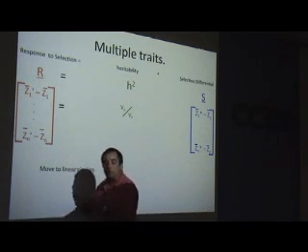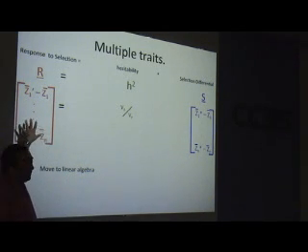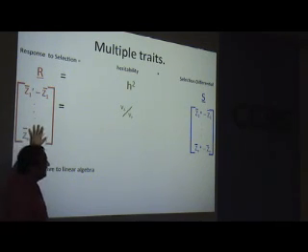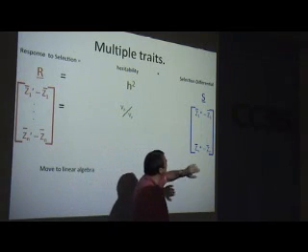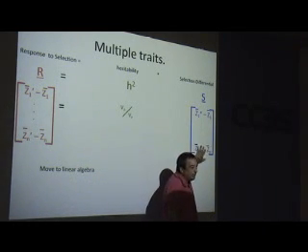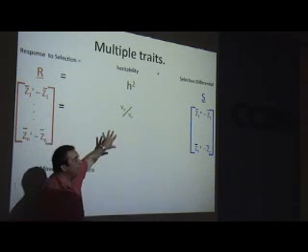And we do that for every trait, no matter how many there are. Similarly, we can do that for the offspring. And by the way, these are two empirical things, right? We can do the selection, we can measure S, we can look at the offspring, and we can measure Z. What are we going to do about this?